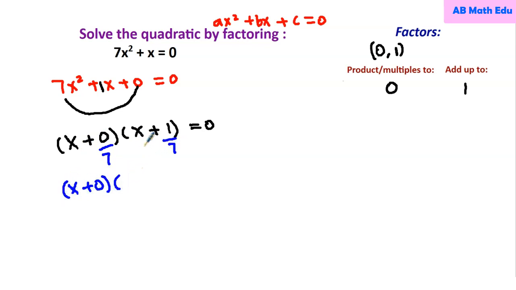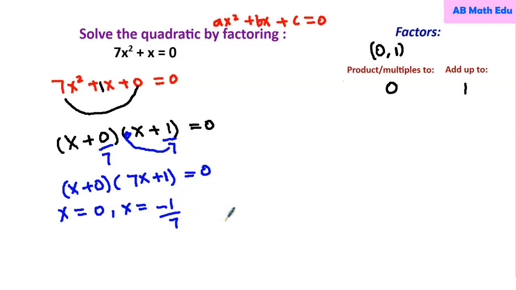And here we will multiply through by 7. So basically you're bringing it here, it becomes 7x plus 1. And as it is factoring, if you're looking for the solution, it's just going to be x equals 0. Don't say negative 0, we don't have negative 0. And then x equals the opposite of this, which is going to be negative 1. And the opposite of times 7 is going to be divide. So you get this. These are the factors.